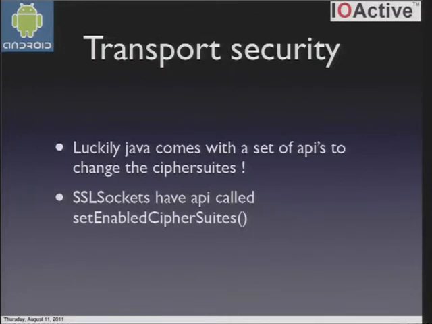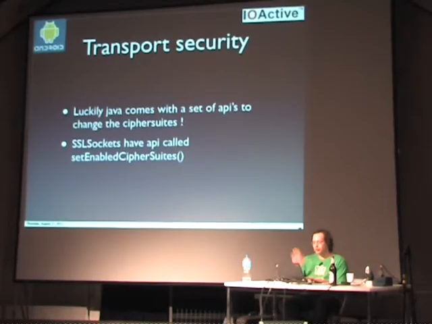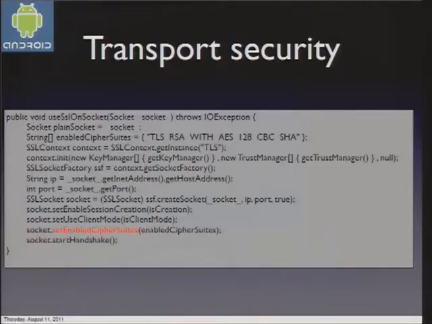If you use the setEnabledCipherSuites API on SSL sockets, you can turn them off and you can specify which ones you do want. And it kind of looks like this. You create a context, and from that context you create a factory, and from that factory you get an SSL socket.